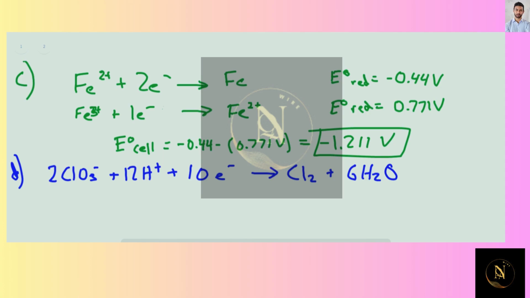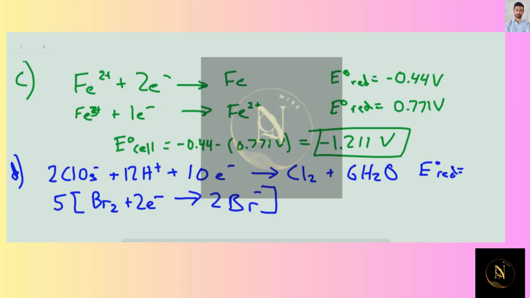And then the other half reaction is Br2 plus 2 electrons producing 2 bromide ions. So the potential of the reduction is 1.47, and for this bromine reaction it is 1.07.